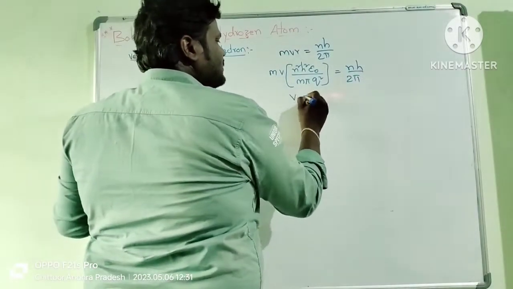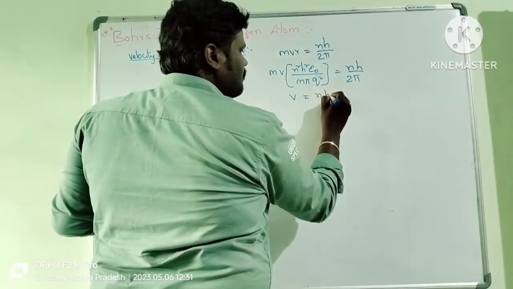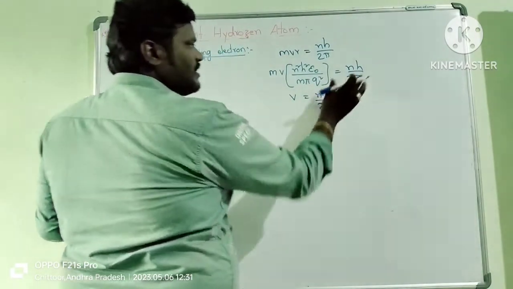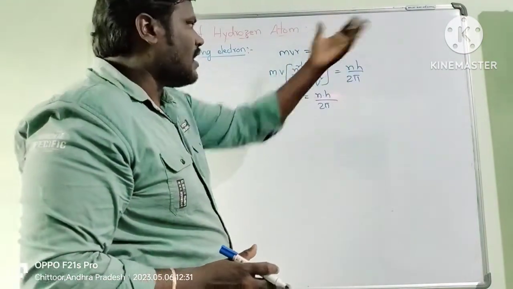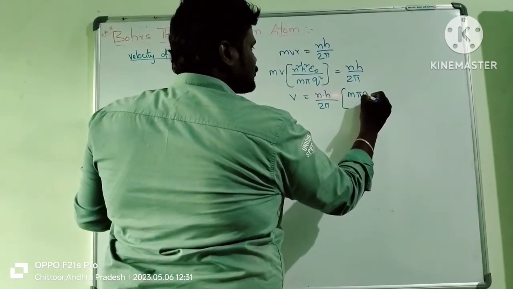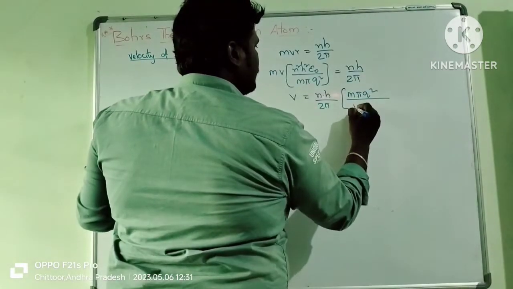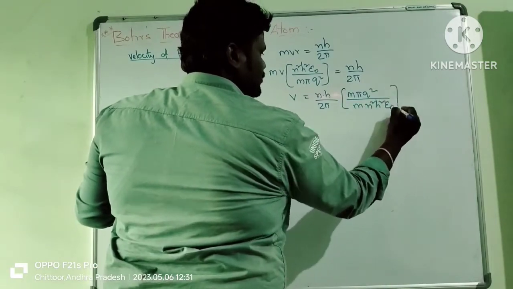Now by making the segregations of this relation, v is equal to nh by 2 pi. Similarly, now this total terms, LHS terms, I am going to send to RHS. Now see here, m pi q square by m n square h square epsilon naught.